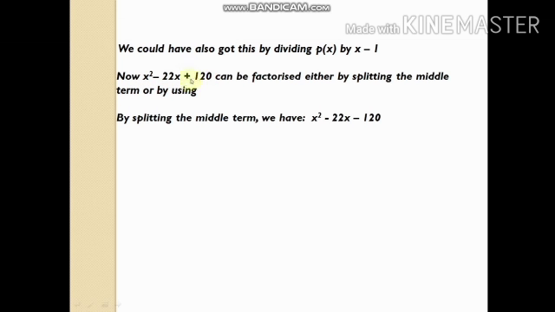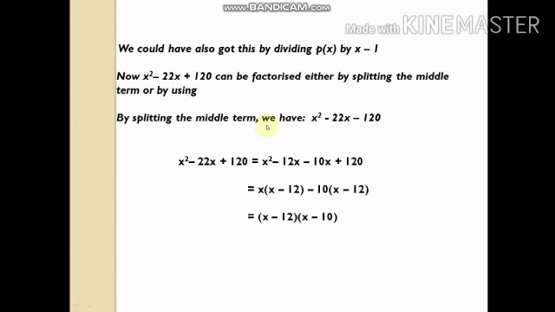For factorizing this quadratic polynomial, we will use the middle term split method. So here the coefficient of x square is 1 and the constant term is 120. The product will be 120. Now we have to think about two numbers whose product will be 120, and when we add them, we get minus 22. So those numbers are minus 12 and minus 10.